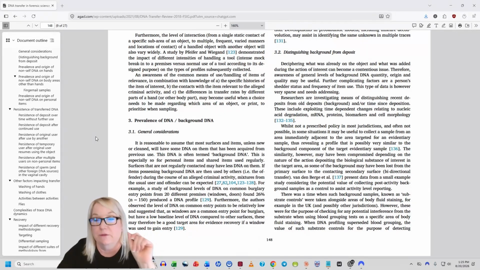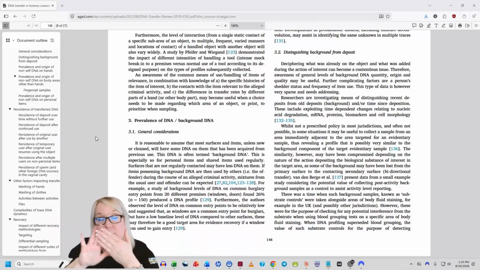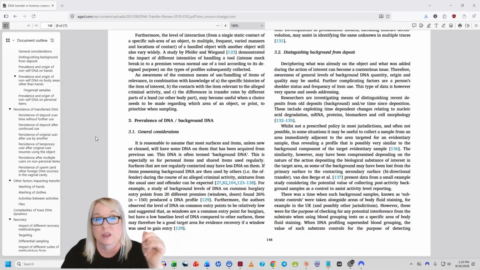Further complicating factors are a person's shedder status, and I asked in the shedder video, should we be testing people for shedder status or shedder propensity? It seems logical to me. There are people who don't leave good fingerprints. They just don't, biologically.